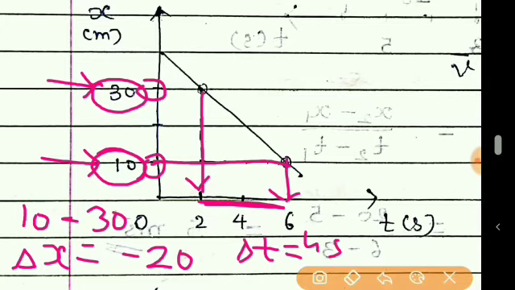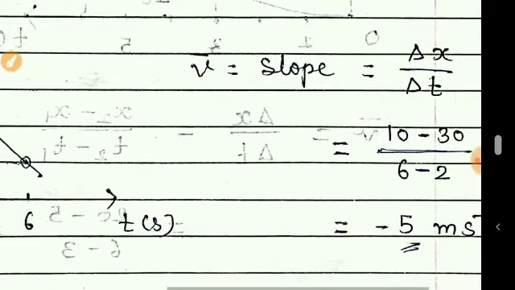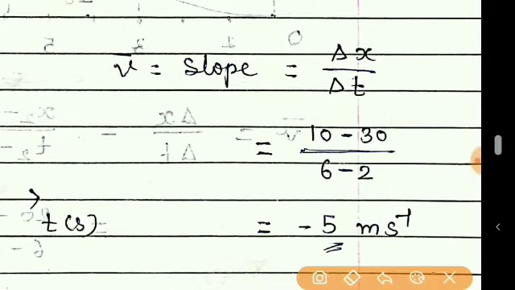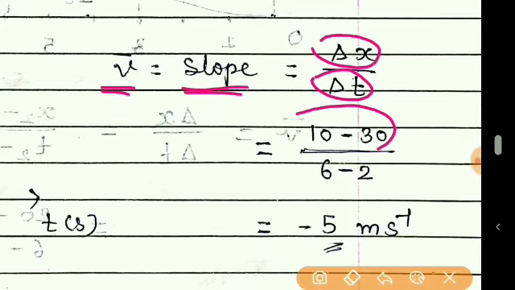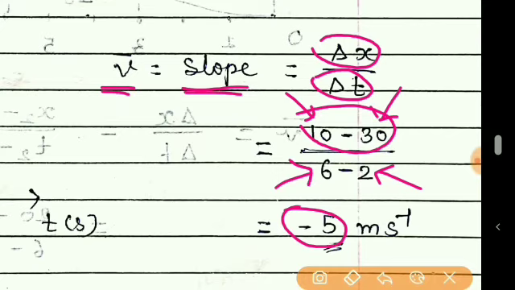So now using this in this formula, average velocity is the slope of the line, and that is delta x upon delta t, but delta x is final position minus initial, delta t is final time minus initial time, and the result obtained is 5. Why?